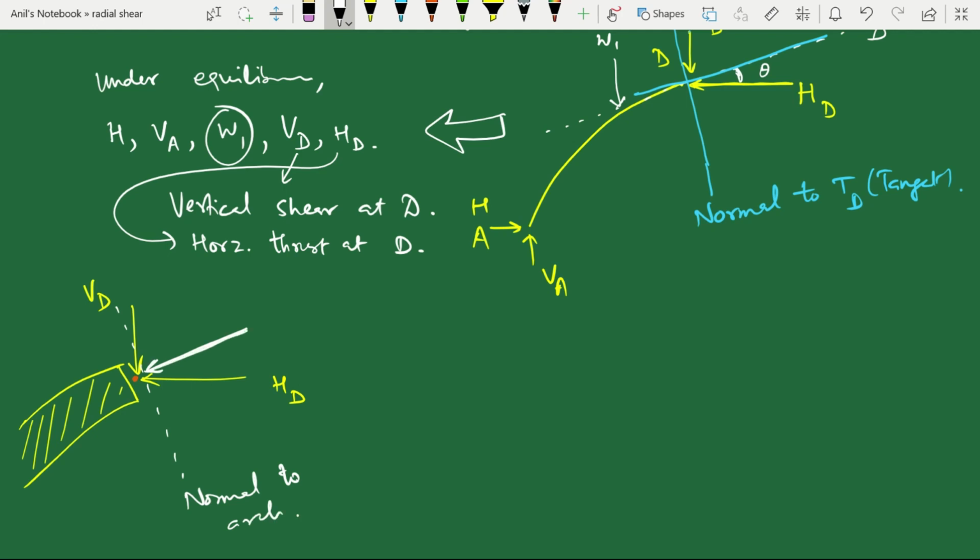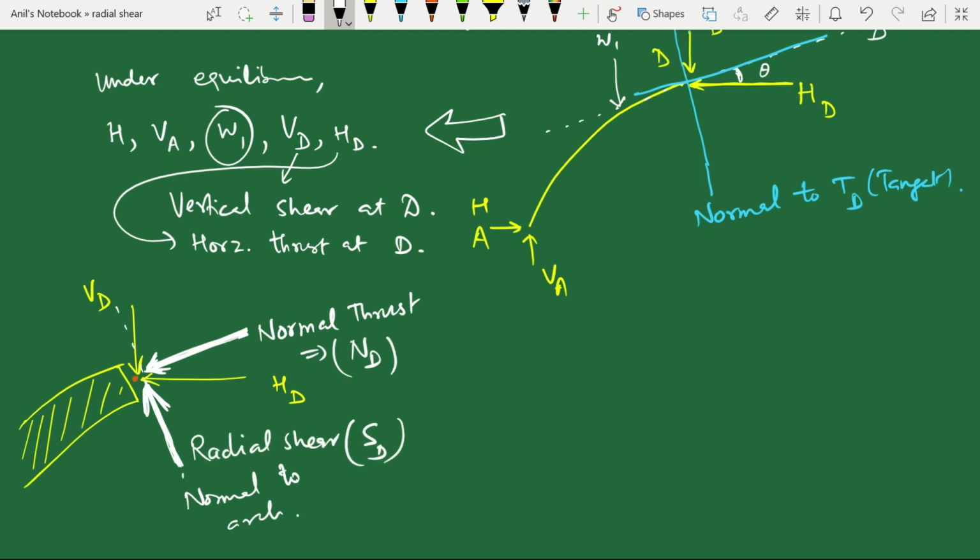The component along the tangent is called normal thrust, and we denote it by ND, whereas the component along the normal is called radial shear, SD. So ND and SD are perpendicular to each other.